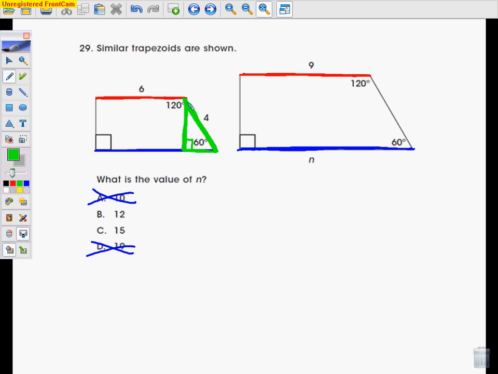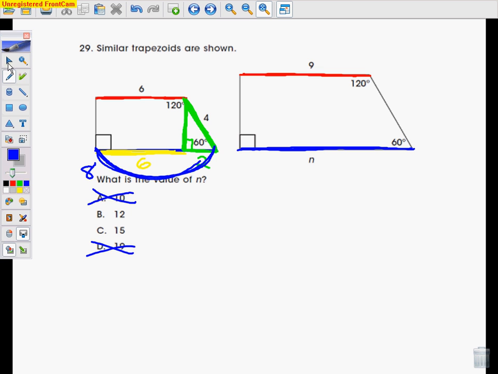It's the longest side. So since 4 is the longest side, this portion right here has to be smaller than that. So it has to be something like 2 or 3. This portion down here, the rest of this is already 6. So I know that this total side is about 8.